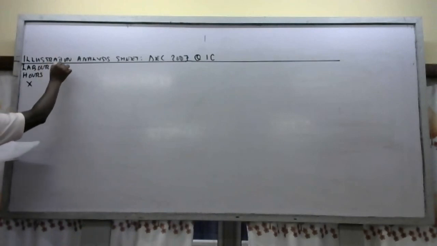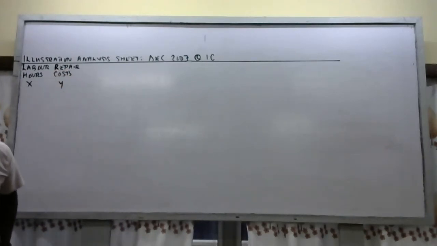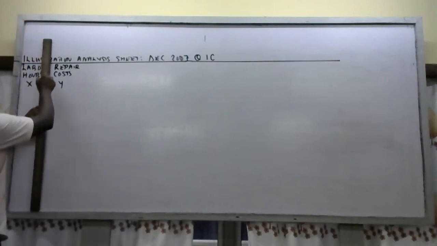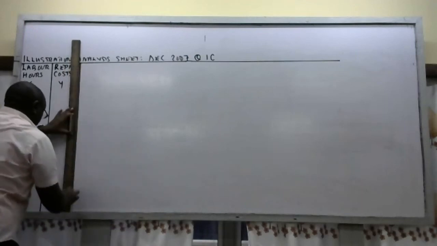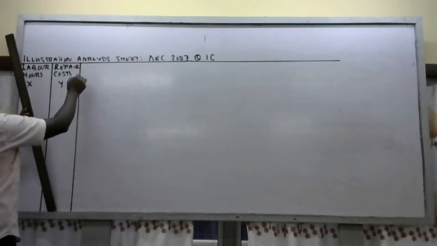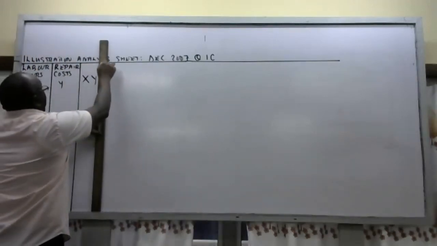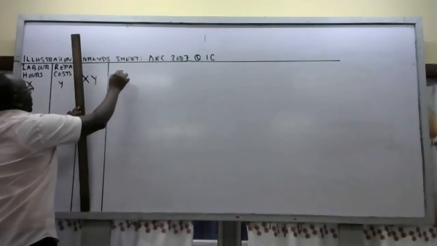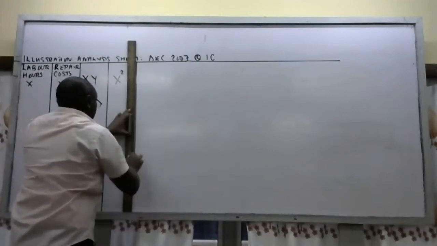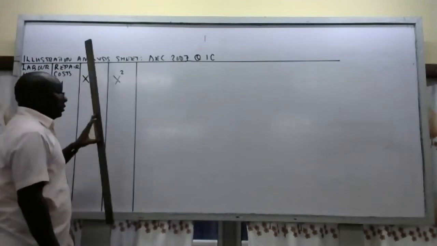We have repair costs, which will be our Y. Then, just like we have done with the other one, we will require a column where X is multiplied by Y. We will also require a column where X has been squared. That will help us get the equation.